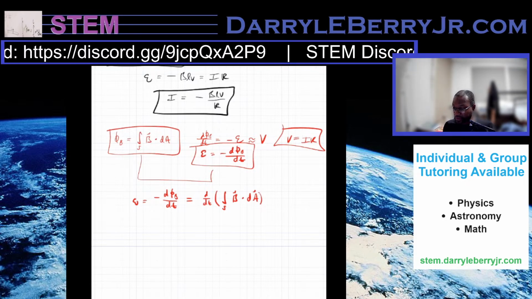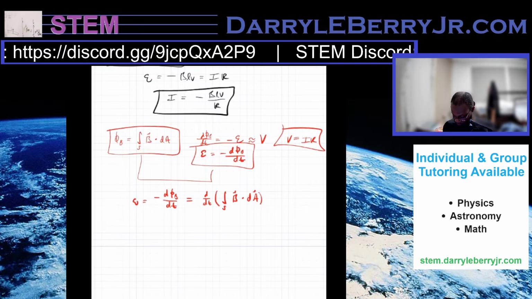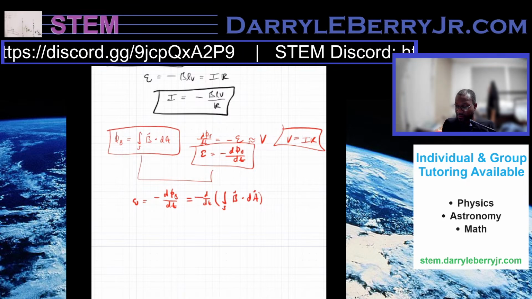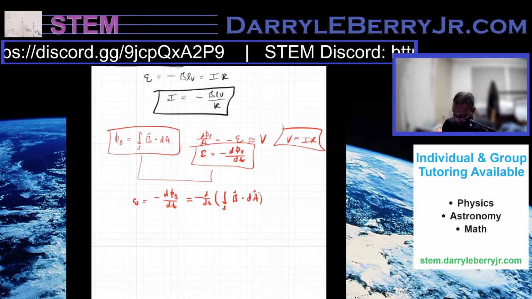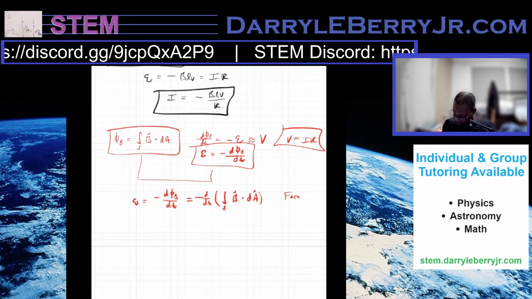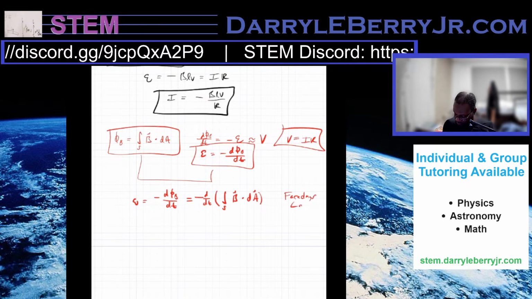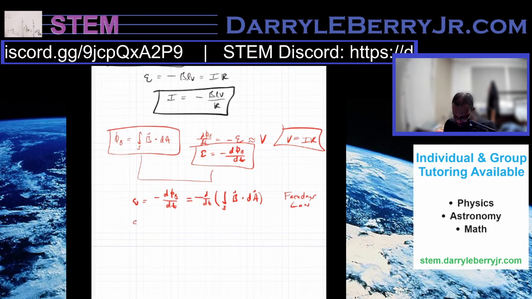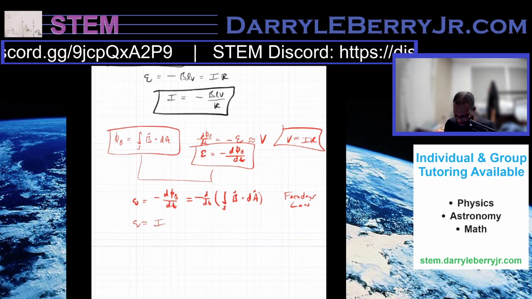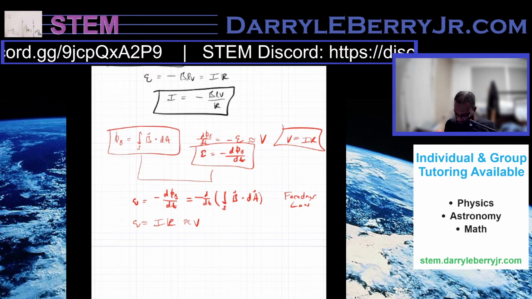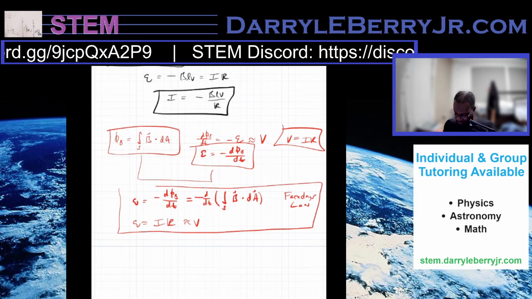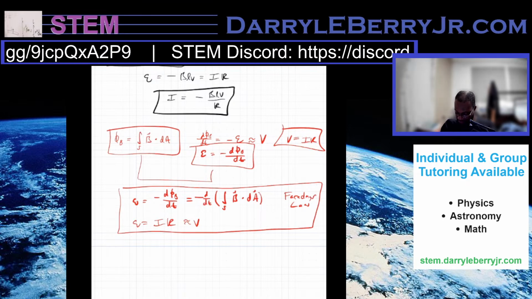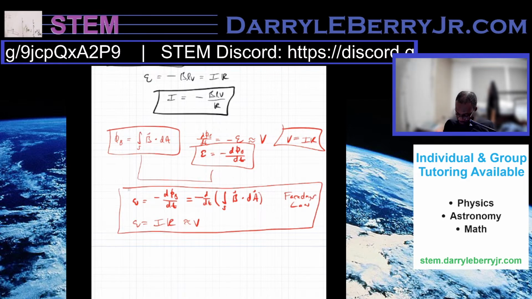This is the one that they have on the formula sheet. Oh, got my negative. Right, and they call this Faraday's law. So this combined with E equals IR, technically it's two equations: Faraday's law and the definition of voltage.